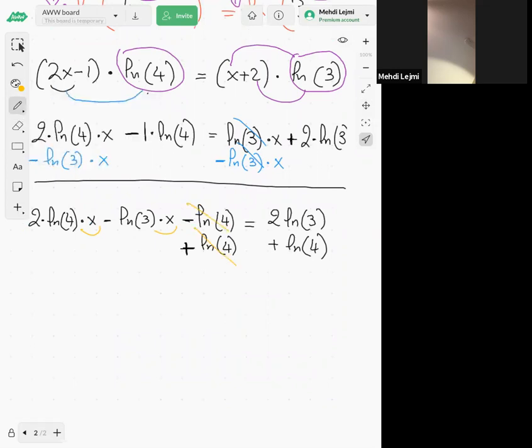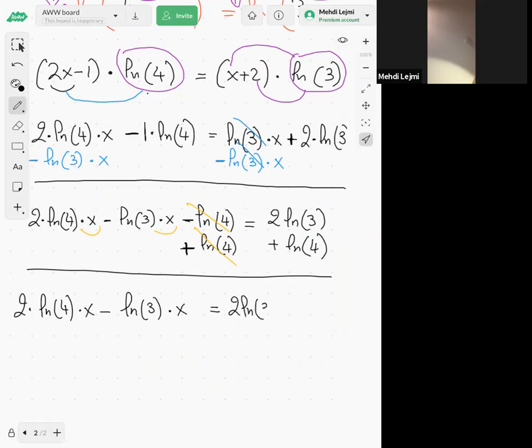So this is just equal to 2 times natural log of 4 times x minus natural log of 3 times x. And on the right side, it's 2 times natural log of 3, so it's like, say, 2 times 1.753, etc. Okay, it's just some decimal, plus another decimal, which is natural log of 4.